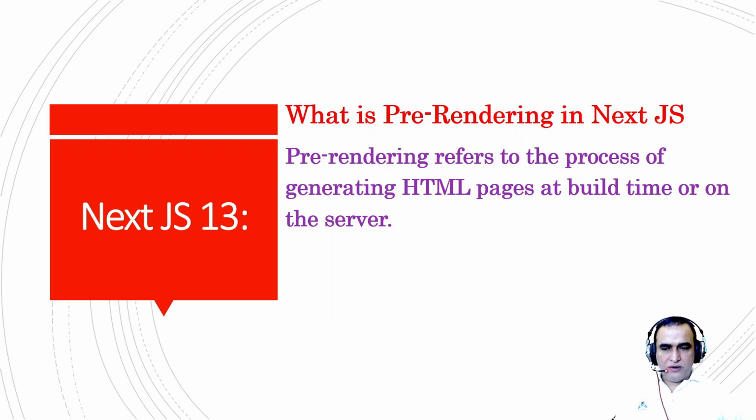Whenever we make a website in Next.js, after completing all the coding, we go for the build process. During the build process, if you are using pre-rendering types, your HTML page is generated at that time. But sometimes we generate the HTML page on a client request, and sometimes we create HTML pages before the request.